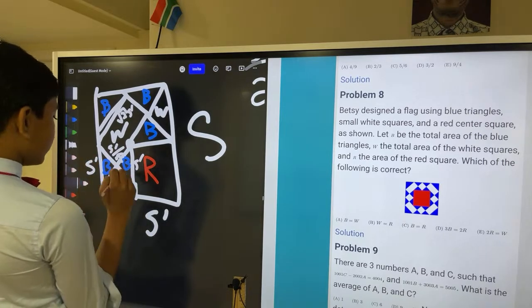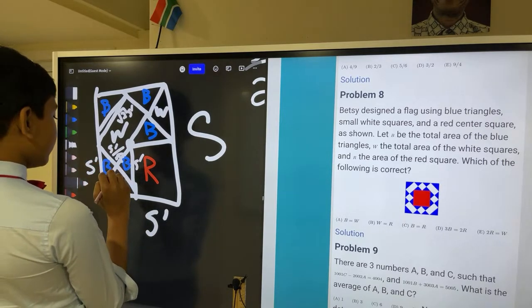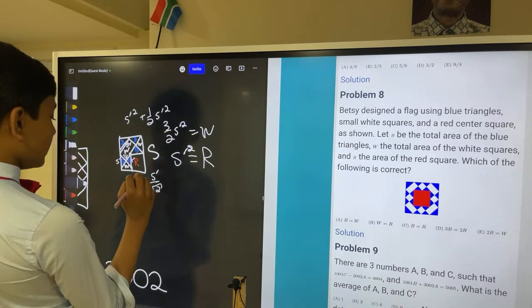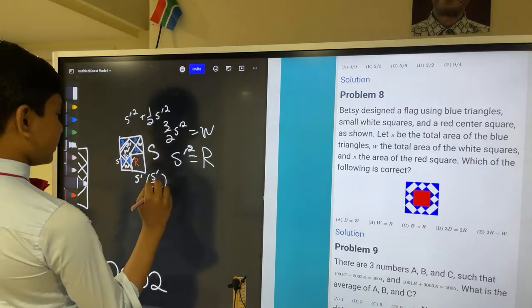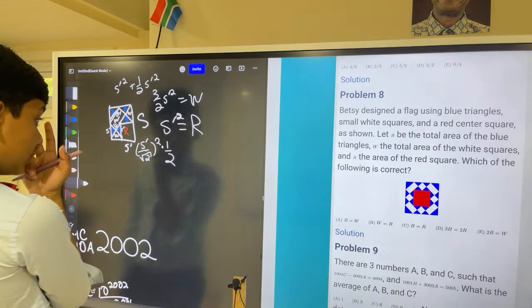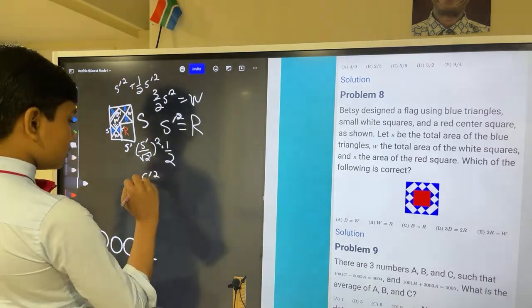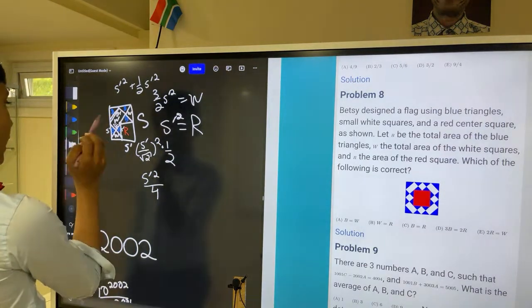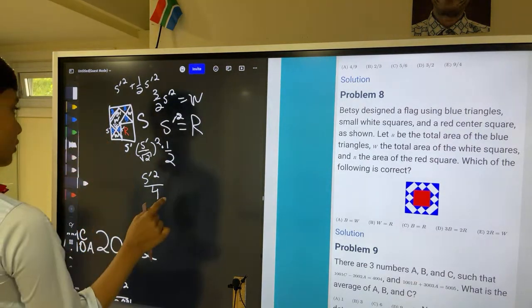So that means one of these is S prime over root 2. And then we're squaring that and halving it. So S prime squared over 4. And we have 1, 2, 3, 4 of those types.